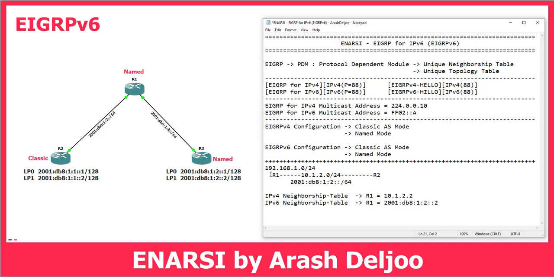You know that R1 should send this network only one time to router 2, and R1 doesn't send the 192.168.10.0/24 in any interval.